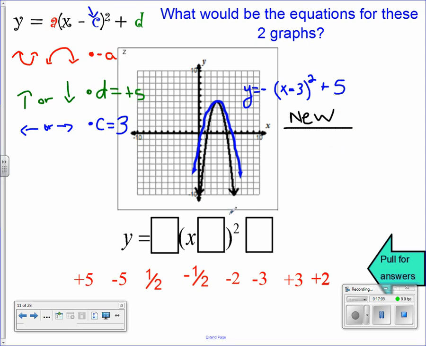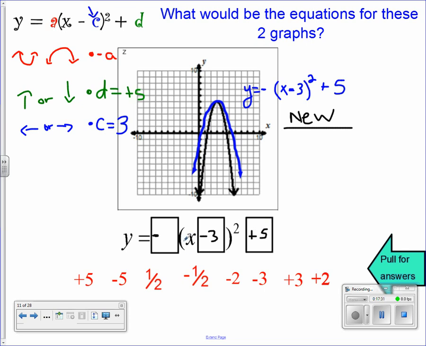There are some boxes down below. Let's go ahead and fill in what we already have. We know the A value in front is going to be negative. We know that our C value inside of the parentheses is a -3. And we know that our D value at the end is a +5.